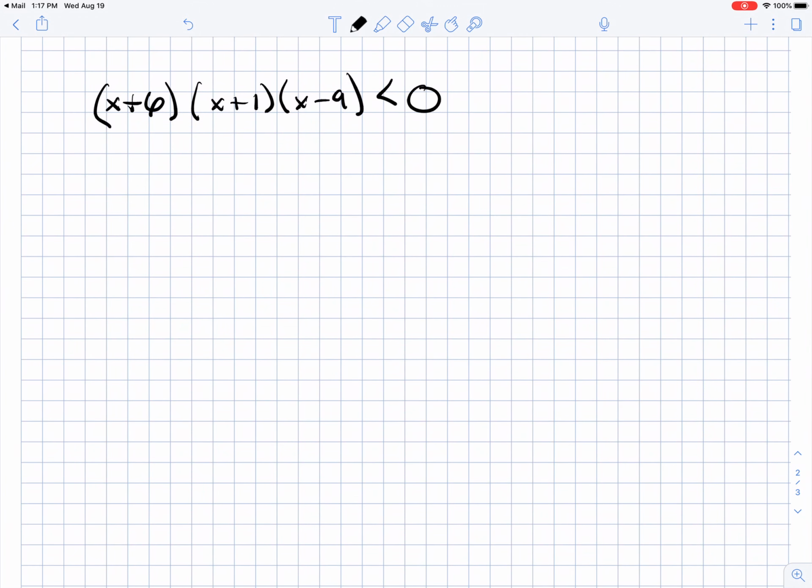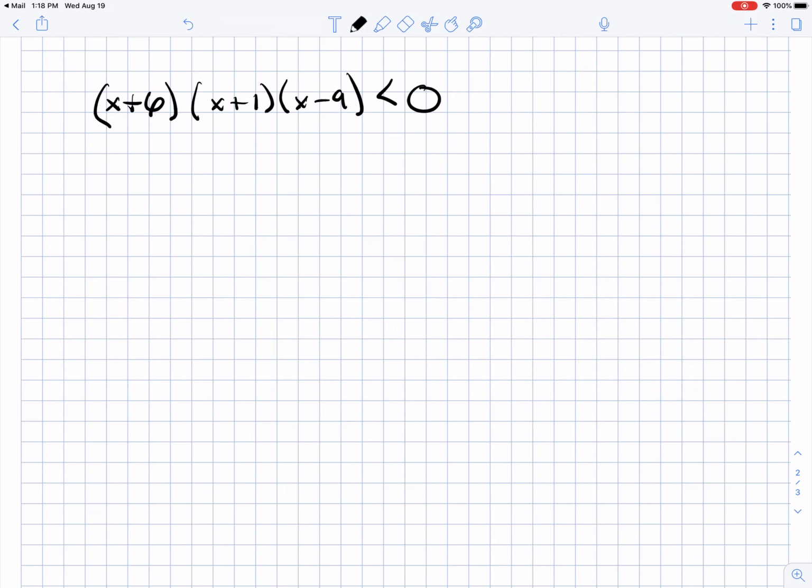Let me think about this. This is kind of an extension of the zero factor property. If this were an equation and we wanted to get the key numbers, we would set x plus 6 equal to 0, x minus 1 equal to 0, and x minus 9 equal to 0 and solve.